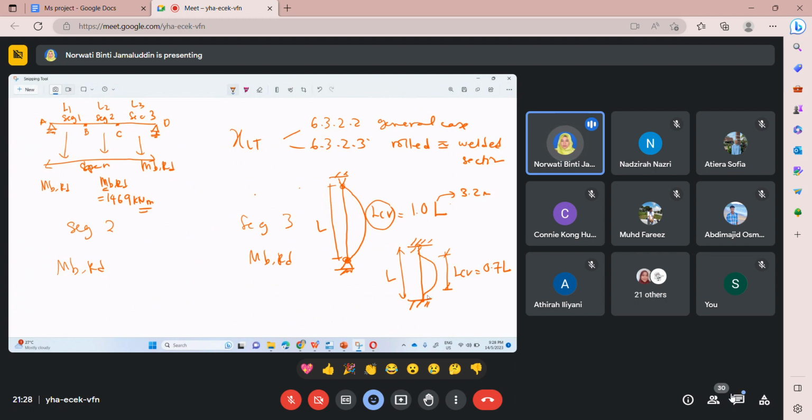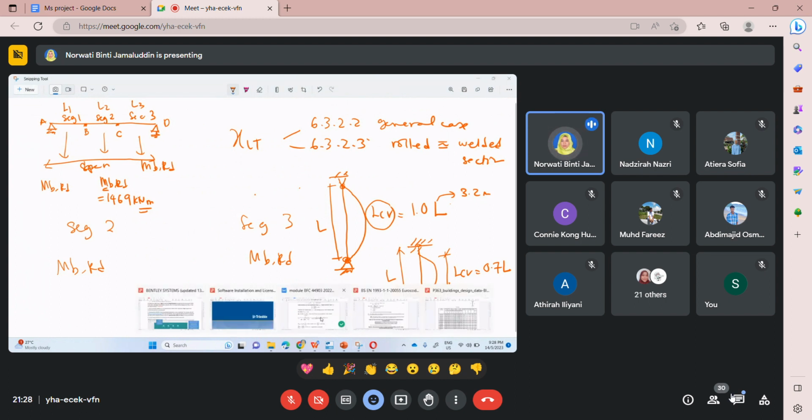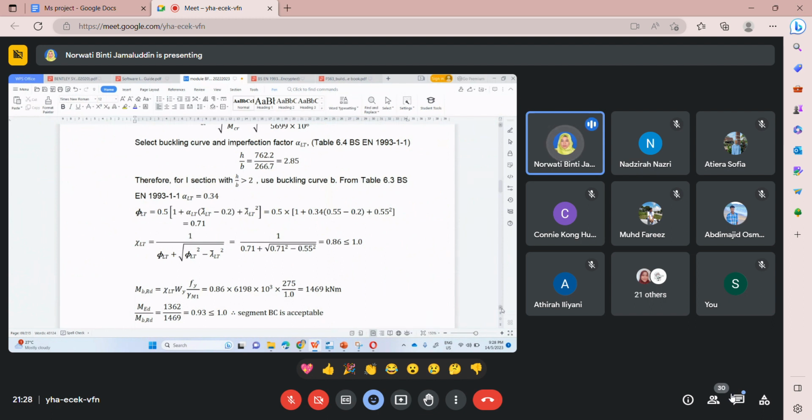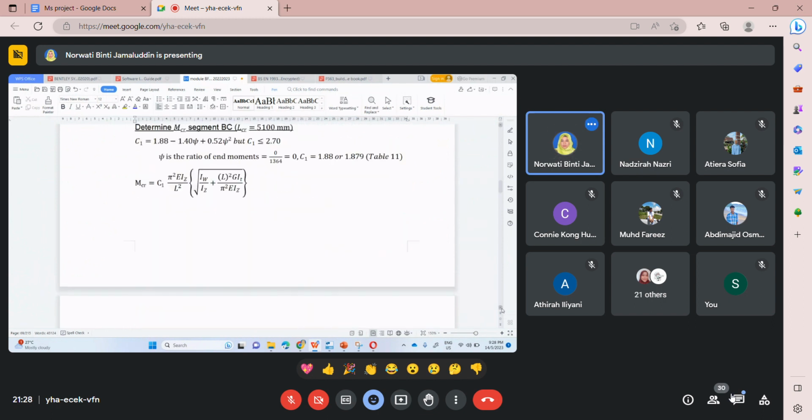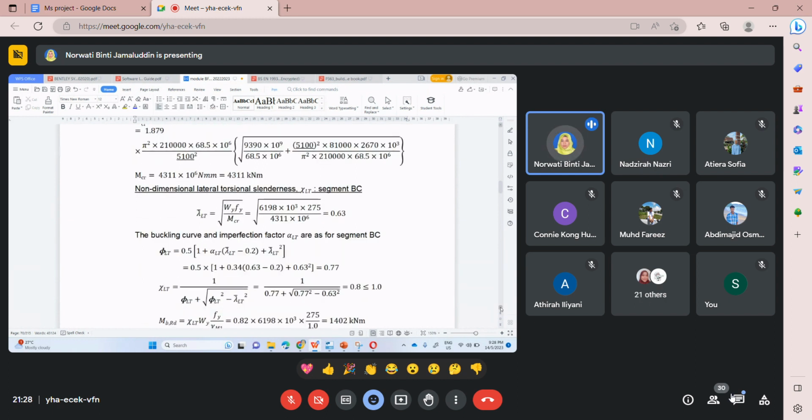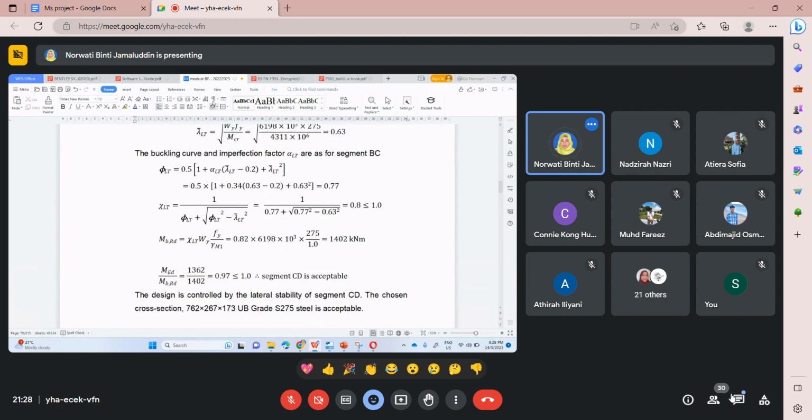For segment CD, I will not do it with you. I need you to do it on your own. Just remember, this is a different segment, different span. So recompute C1, recompute MCR, and then lambda LT, chi LT, and MbRd are also different.